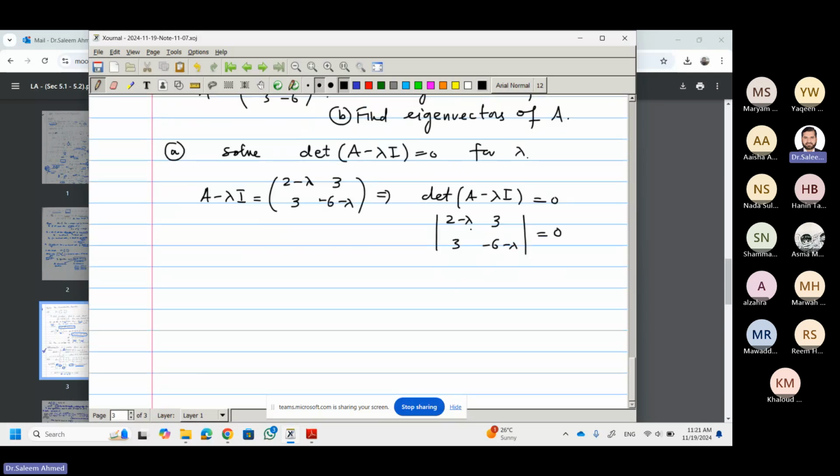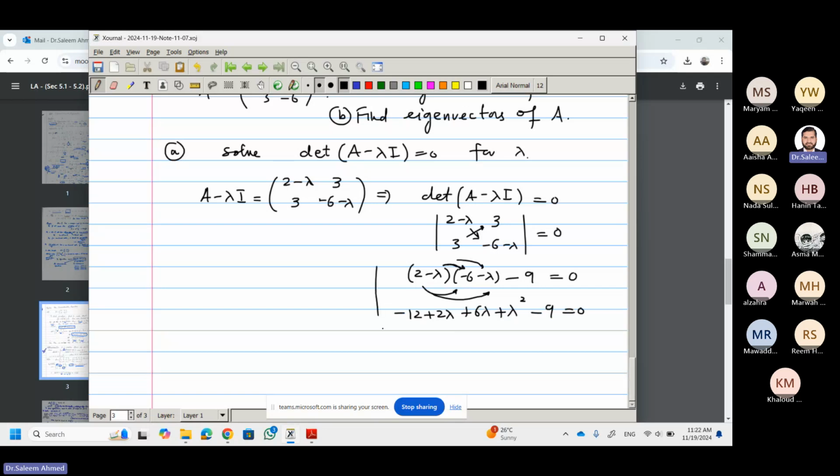And now how do we find the determinant? We multiply these two: 2 minus lambda into minus 6 minus lambda, and then multiply these two, and minus 3 into 3 is 9, equal to 0. Now I can multiply 2 with 6, 2 with lambda. So I got minus 12 plus 2 lambda, and then lambda with 6 and lambda with this, so plus 6 lambda plus lambda square minus 9 equal to 0.